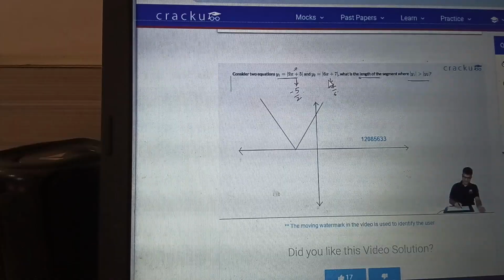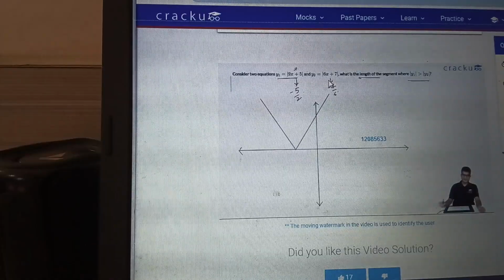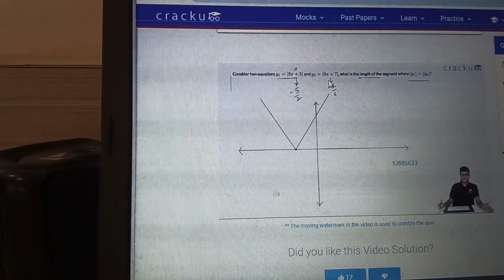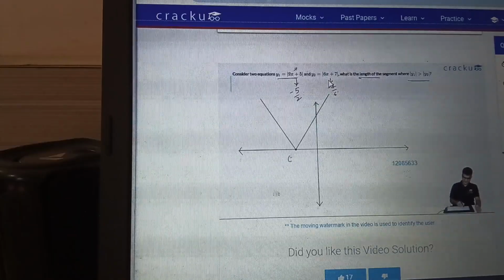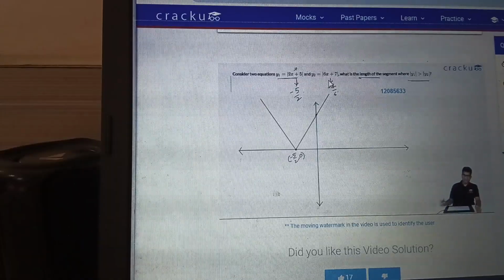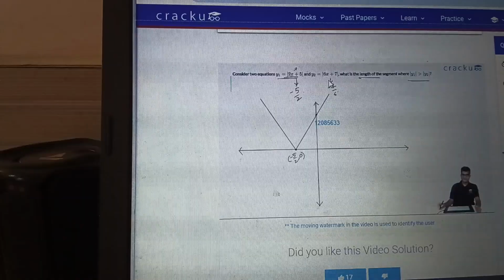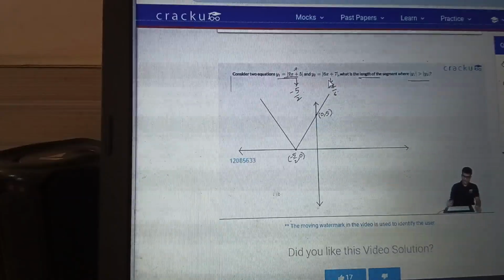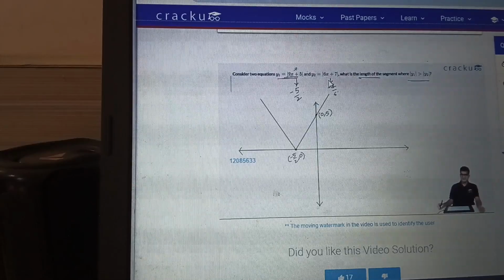It will be a symmetrical graph. Another thing to notice is at what point does it intersect the y-axis. This, as we have discussed, is minus 5 by 2, 0, and when x is 0, the value of y1 will be equal to 5. So this point will be 0, 5. This will be a V-shaped graph.